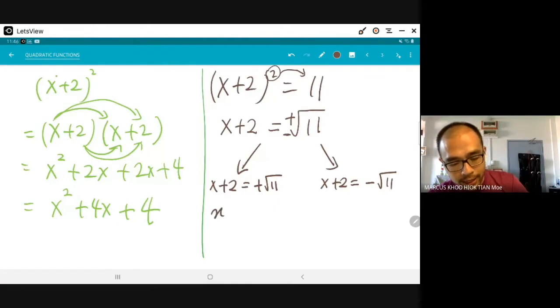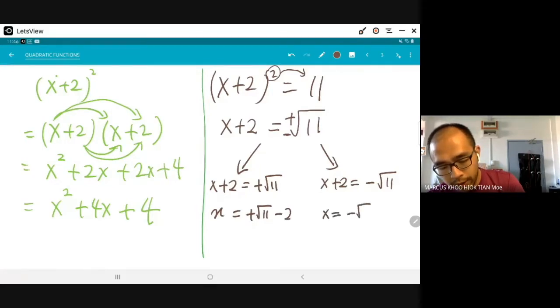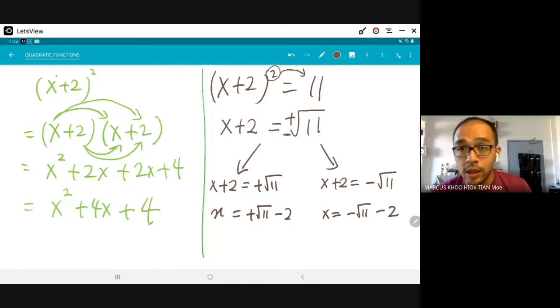Jadi x adalah sama dengan positive square root 11 tolak 2, manakala ini x equals to negative square root 11 tolak 2. You will get different values, sebab punca kuasa 11 adalah satu nilai positif dan satu nilai negatif.